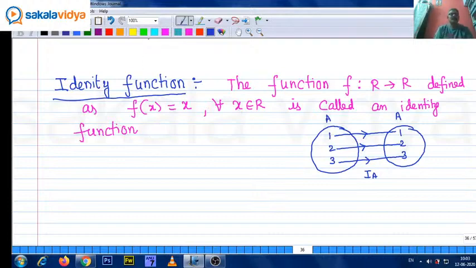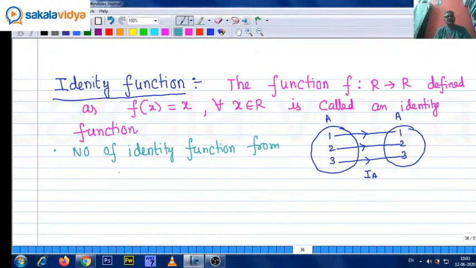So now the first point, write on here. Number of identity functions from A to A is equal to 1. Next important point.